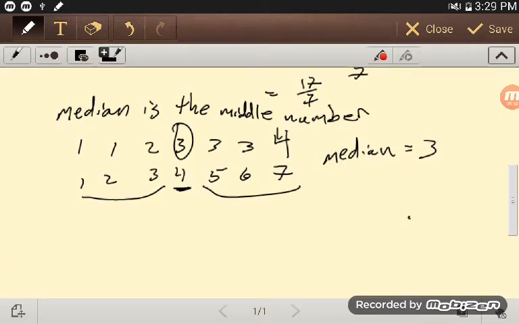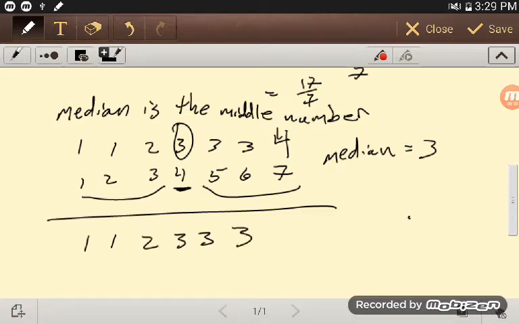Now, that was an odd number of numbers. If I have an even number of numbers, so suppose instead I had 1, 1, 2, 3, 3, 3. In this case, as I count 1, 2, 3, 4, 5, 6 numbers, if I take the 3 on this side and the 3 on that side, oh, there's not a middle number. There's nothing there.